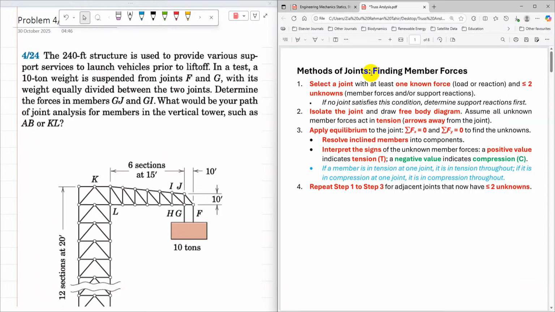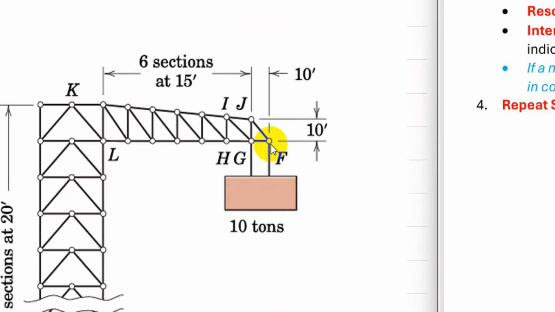The steps to find member forces using the method of joints are: select a joint with at least one known force and two or fewer unknowns. If I start with joint F, a 5-ton load is acting, which is known, because the 10-ton load is supported by joints G and F. Then there are two unknown member forces, FJ and FG.